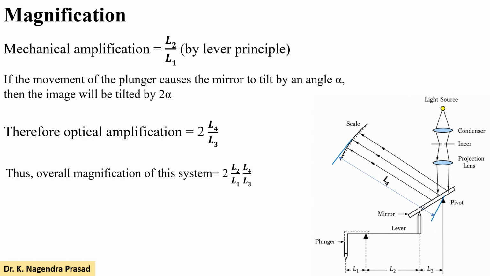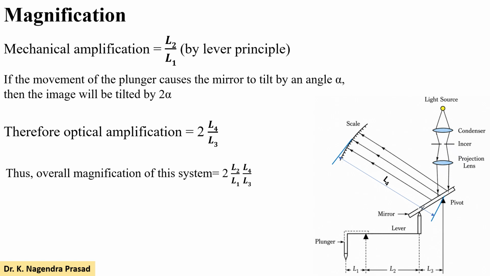We know that in mechanical optical comparators, the magnification of the plunger movement is increased by the mechanical as well as the optical system. First we see the mechanical amplification, that is L2 by L1, by the lever rule.